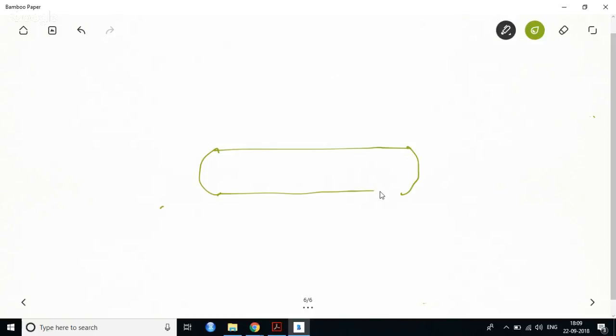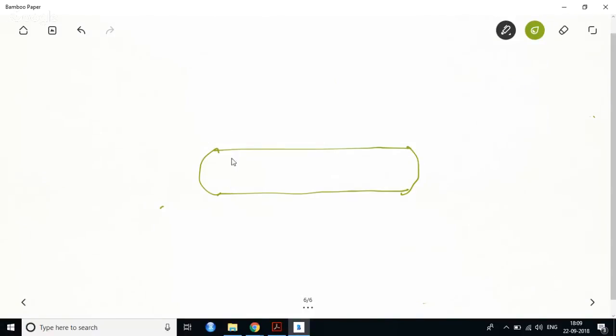Now what happens if I am able to create a very high potential across? For the cathode ray tube, I had created this kind of arrangement.